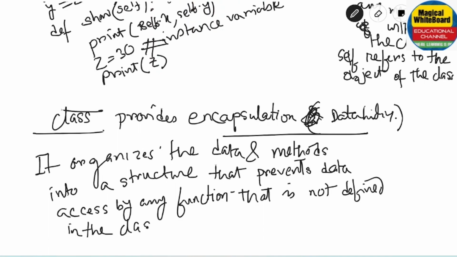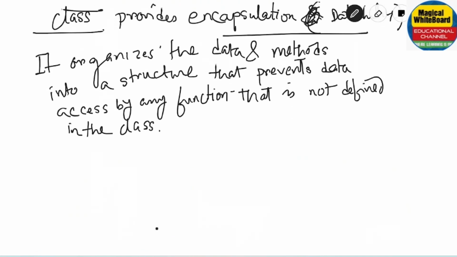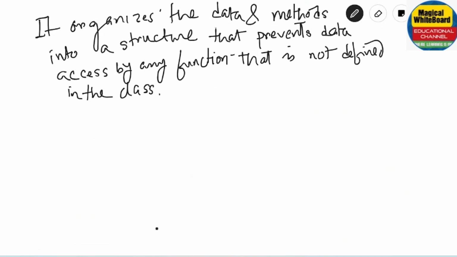Only authorized functions can access it, only those members that are defined within the class. That keeps the data secure. Data hiding hides the data from other methods or other functions.